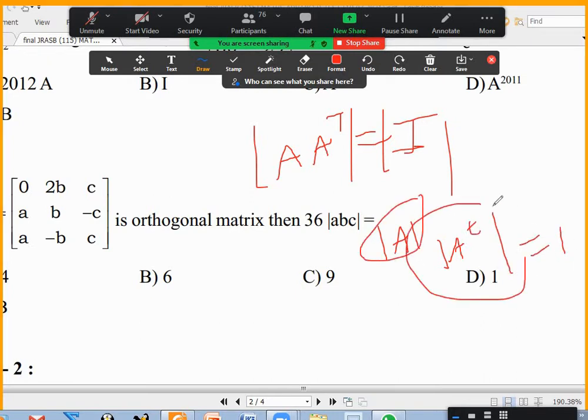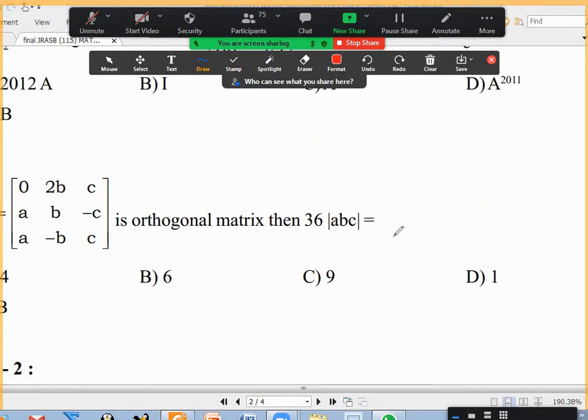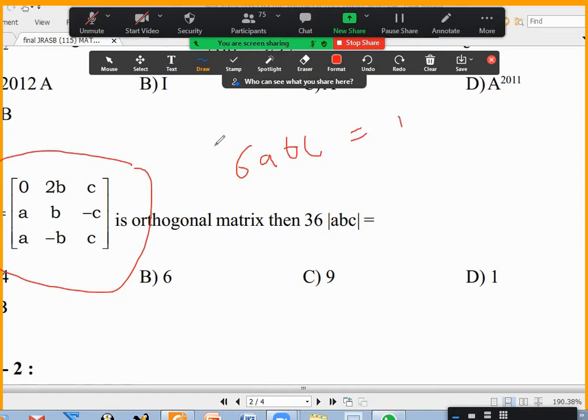But det A and det A transpose are both the same, so you will get det A whole square equal to 1. Is it okay? So simply find the determinant of this and equate it to 1. The determinant of this will come 2A into 2BC plus, I think 6ABC will come. 6ABC plus or minus something, don't worry. When I put a mod, obviously 1, and multiply by 6 on both sides, that's how 36 mod ABC is equal to 6.